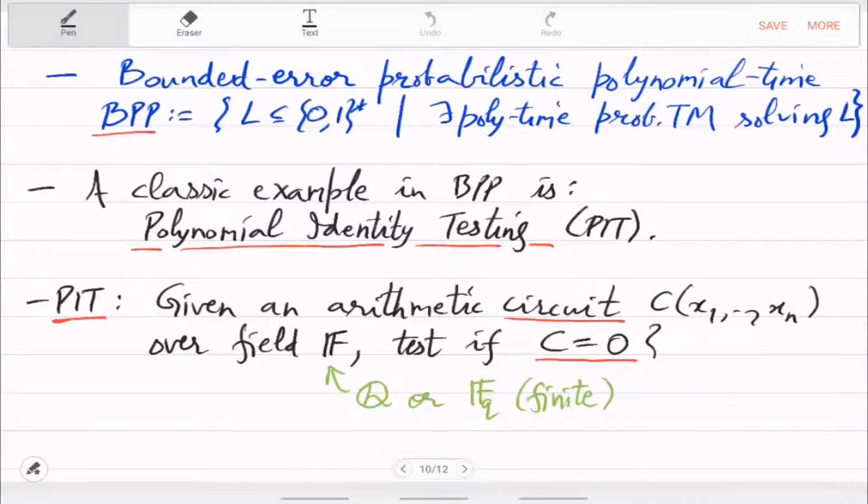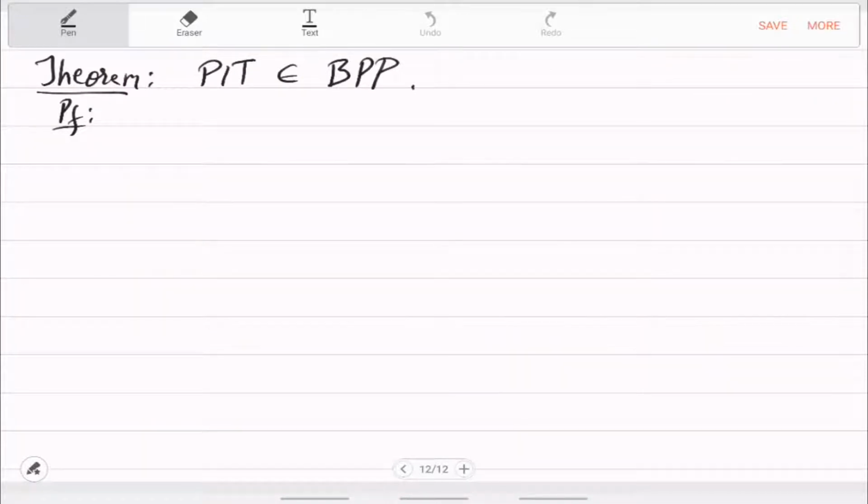BPP is the class of decision problems L such that there is a polynomial time probabilistic Turing machine solving it. A probabilistic algorithm makes choices based on coin tosses. In the end it will give an answer, and the probability of the answer being wrong should be very small. So we need to design such an algorithm for PIT.